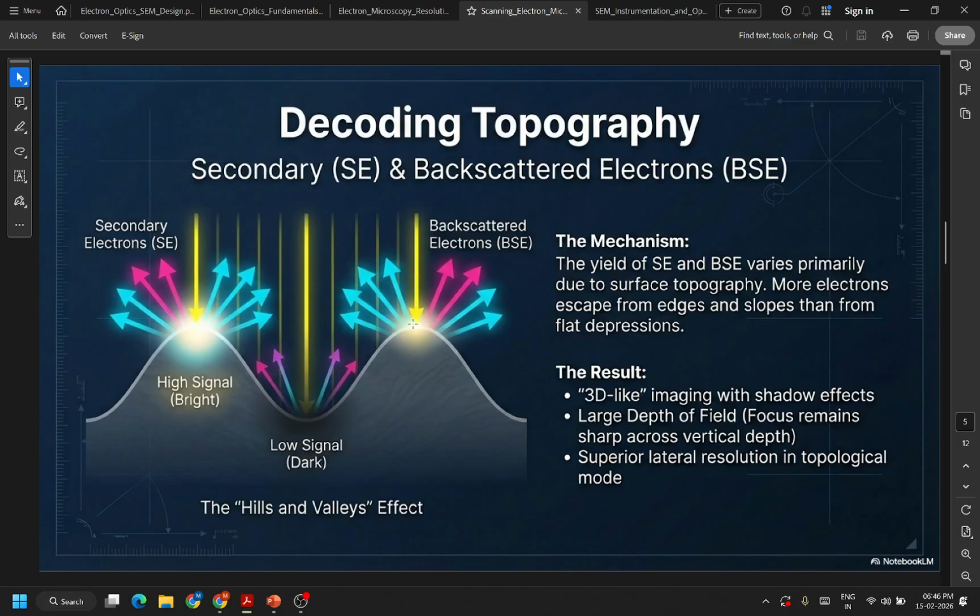So more electrons will escape from your edges and slopes compared to your depressions. This will result in a 3D-like image with shadow effects, and it will have a larger depth of field and superior lateral resolution in topographical mode. Actually, it will have a smaller depth of field, not larger.